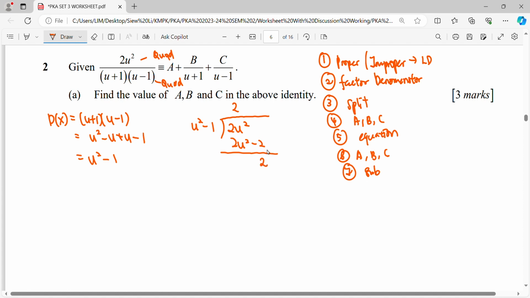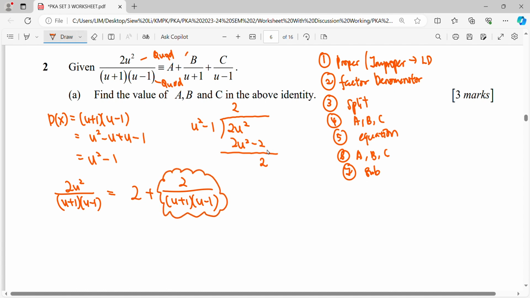So this fraction 2u squared over u plus 1, u minus 1 equals quotient 2, remainder positive 2 over divisor u plus 1, u minus 1. Then only for the remainder part we are going to proceed with partial fraction. So from here we can identify A is 2.